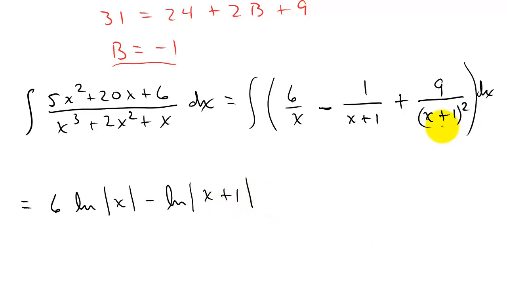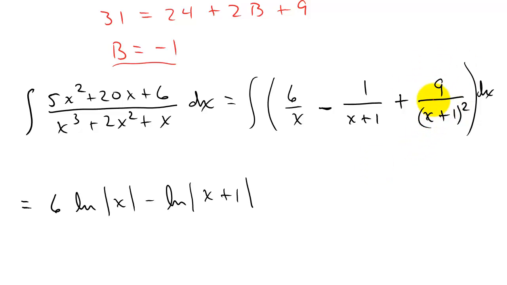And this one is not natural log because I've got the x plus 1 squared. I'm not going to go through all this to integrate it. You should be able to do it. You'll have to use u substitution.